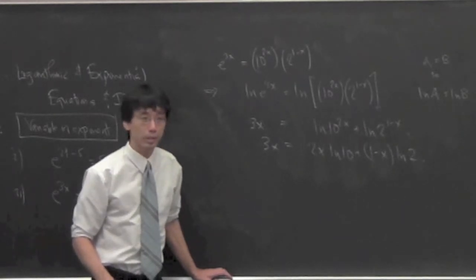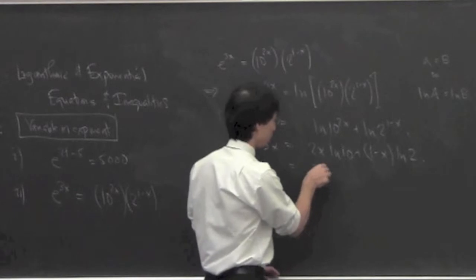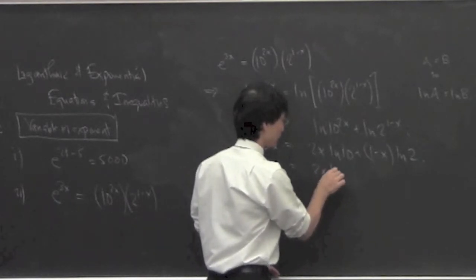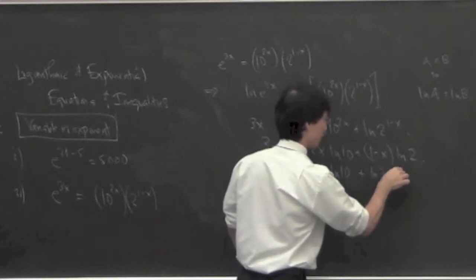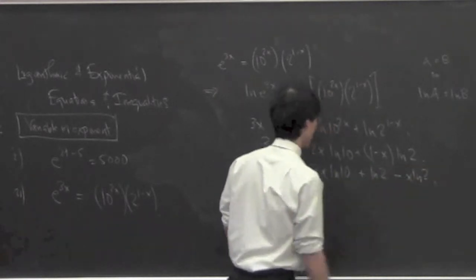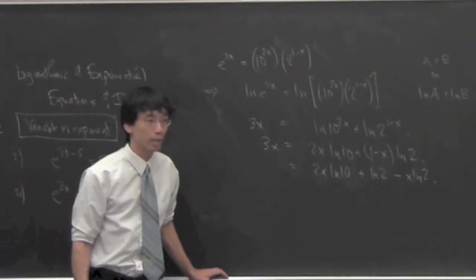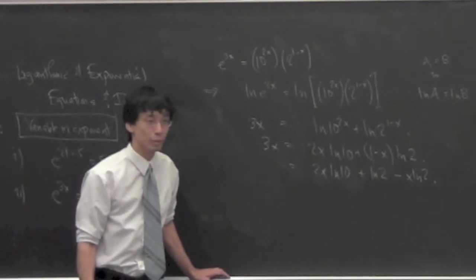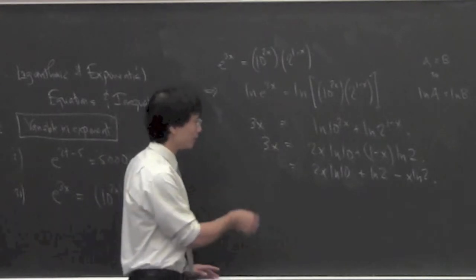Okay, and then the question is to solve for x, right? We need natural log of 10 plus natural log of 2 minus x squared. So now the question is to solve for x, and now you've returned to junior high school. It's easy, right?